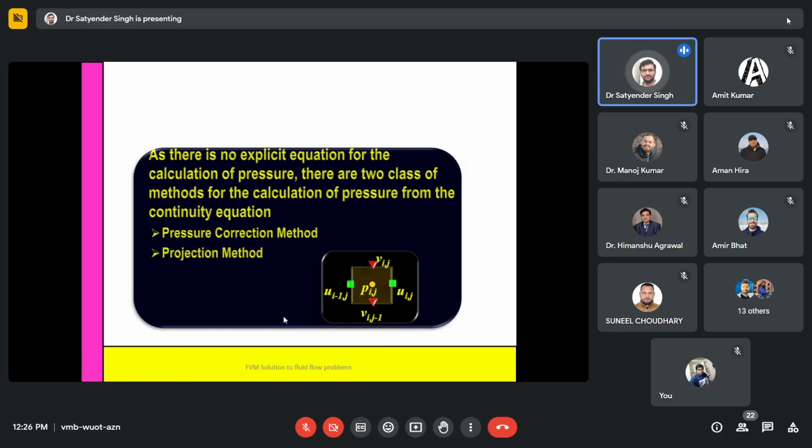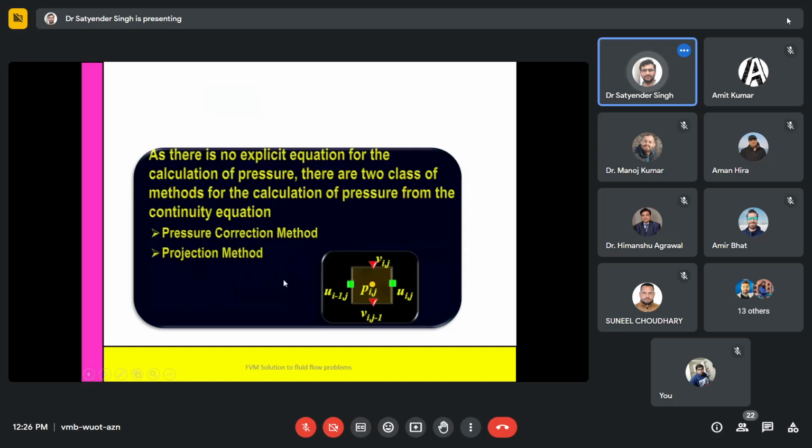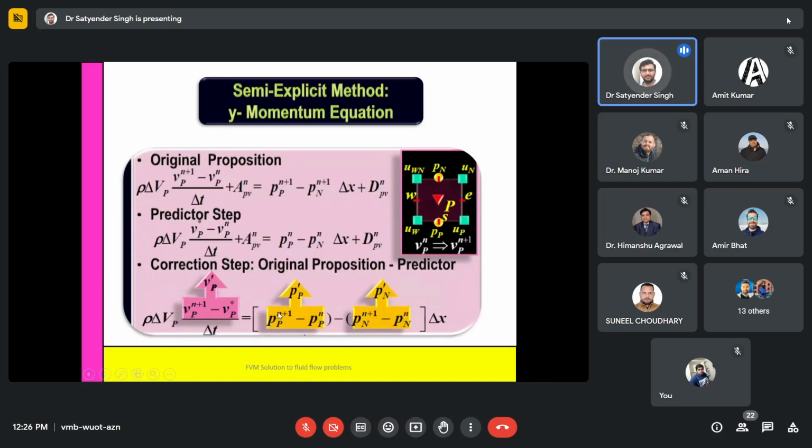In the pressure projection method, we make use of the Poisson equation, which is a function of some first order differential for the velocity variable. And in the pressure correction method, what we do generally is first assume some value of the pressure. Let's say in the first instance I'm using 1 atmosphere for p n plus 1. By only considering p at 1 atmosphere, I will get the value of this variable, so I'm predicting actually.